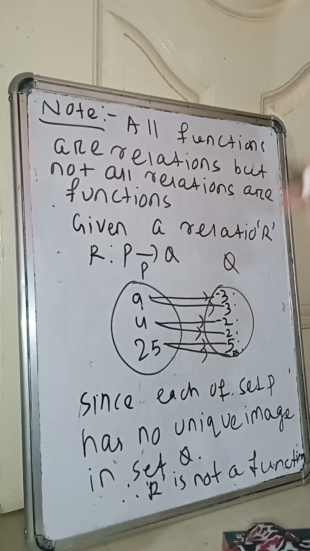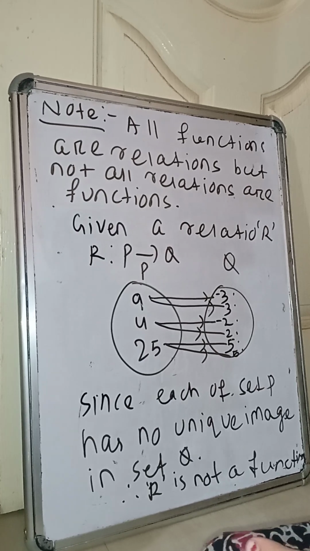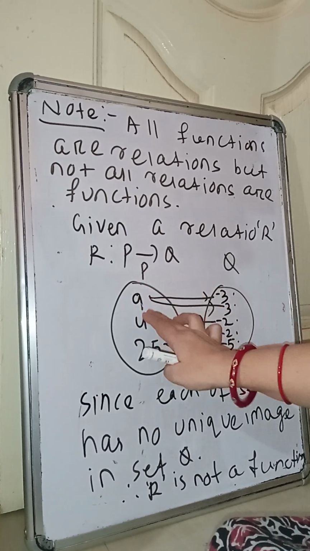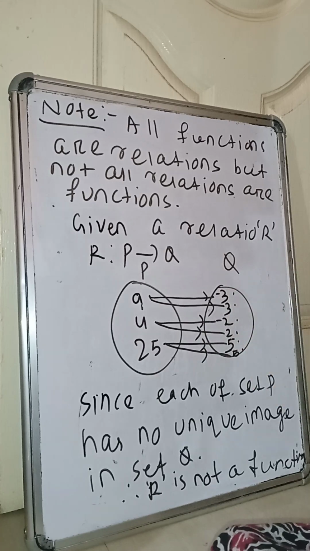Now you see, here we proved from examples 1 and 2 that both are relations but not functions. In the previous example we found that one element from the domain set has no image in the codomain set, and in example 2 we found that the elements from set P have no unique image in the codomain set.